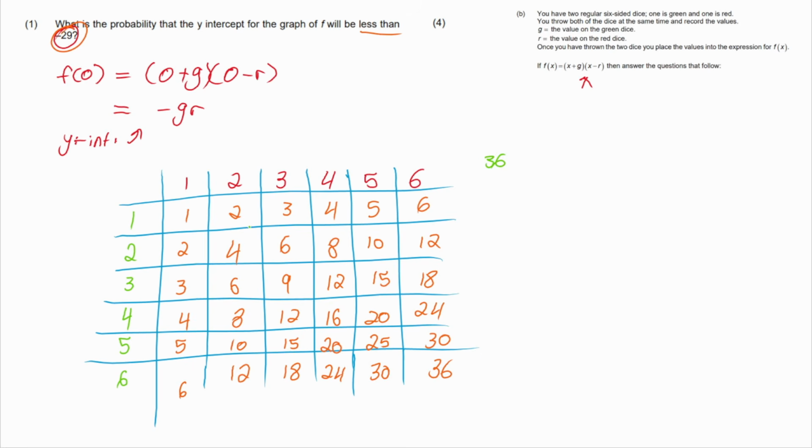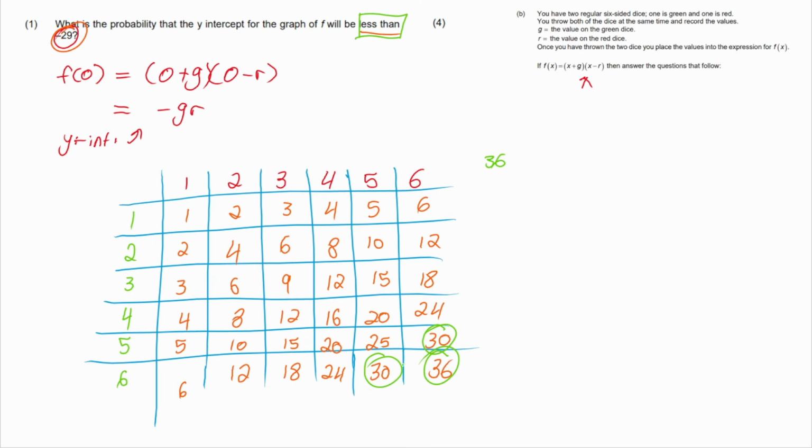You can count or do 6 times 6. Now we need to see how many are less than 29. There are quite a few less than 29, so let's look at how many are more than 29. 1, 2, 3. So 3 are more than 29.